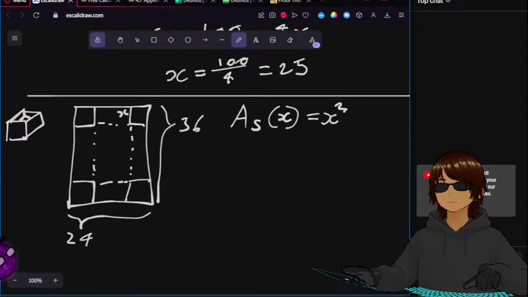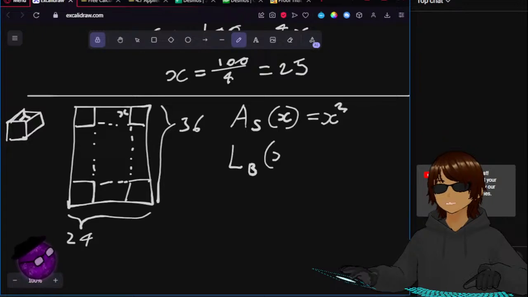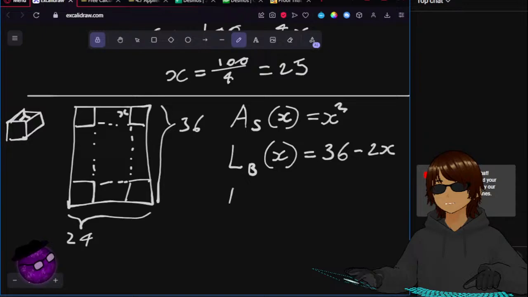This is 24. Let's say this is width and this is length. Length is the big side. Length of the box given x is 36 minus 2x, minus x from both sides.